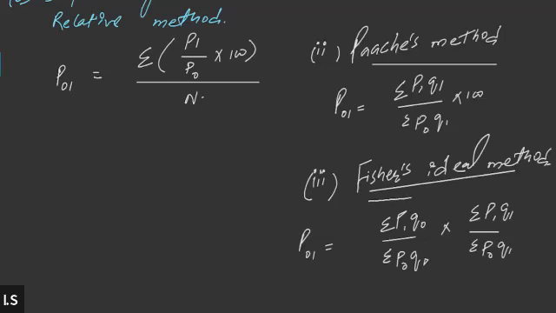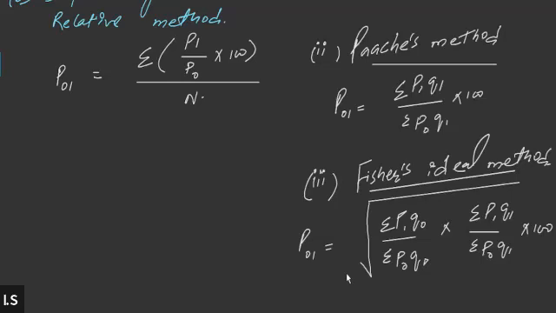Then he put a square root over this and multiplied it by 100. So this is the formula for Fisher's ideal method.